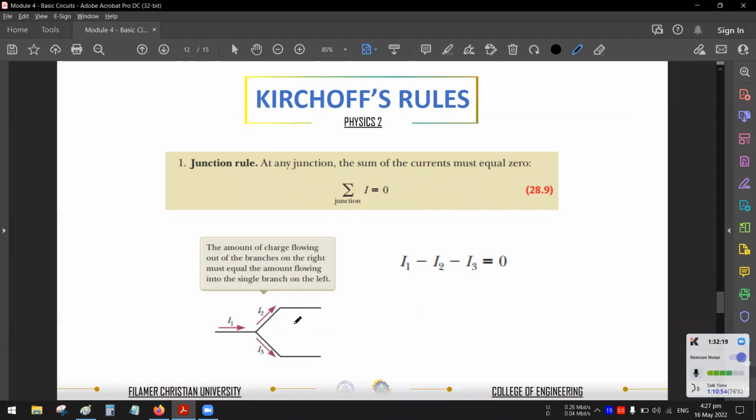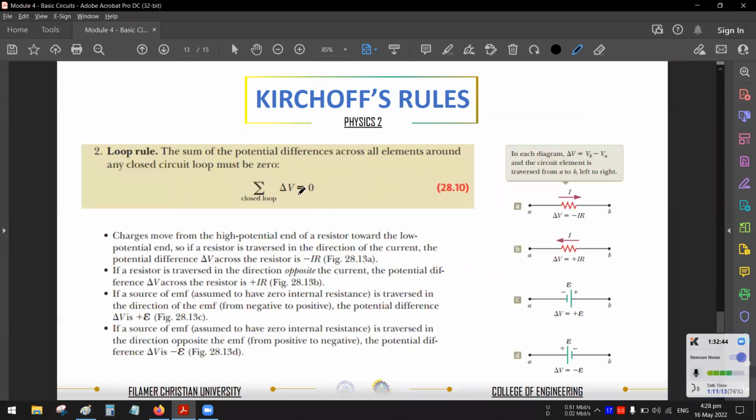Walang bawas, walang kulang. So ito yung I1 mo, ito yung total current mo, minus yung inilabas mo, minus ulit, dapat yung total niya should be 0. Kasi nagko-conserve tayo. Dapat walang labis, walang kulang.